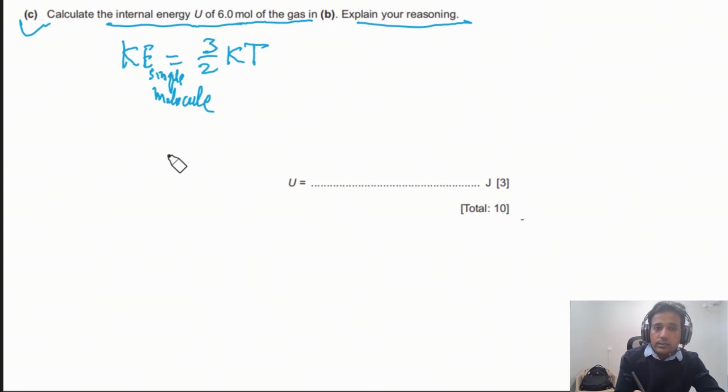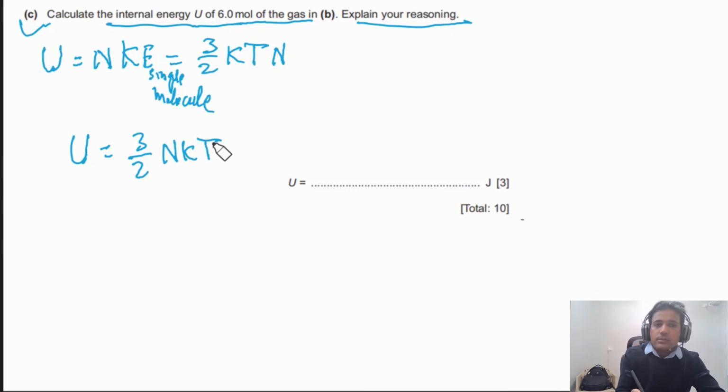So the internal energy is only due to the kinetic energy of the molecules. This is one molecule, so we have to multiply by the number of molecules, N. So the internal energy will be equal to 3/2 NkT.